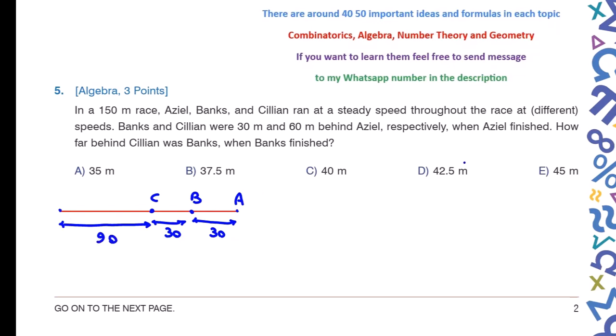And for these types of problems, 90% of them, we should use only this formula: velocity or speed equals distance over time. It is the first case. Second case is what? Here it says how far behind Killian was Banks when Banks finished. So for C, this distance is x, it is 150 minus x.